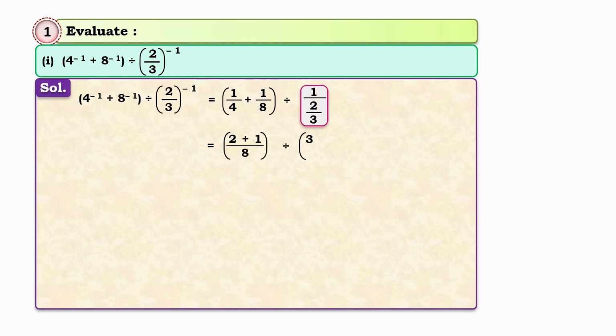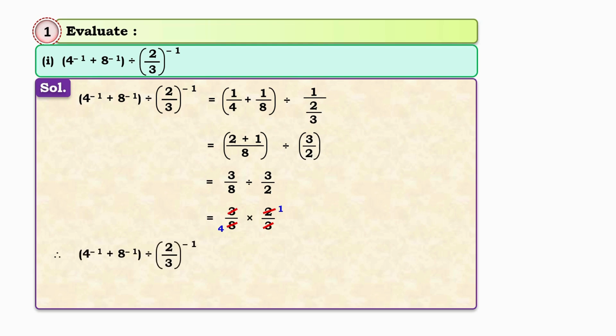Then take the reciprocal. Now convert this division to multiplication. We have to do the reciprocal of 3 by 2, that is 2 by 3. So here comes the final answer, that is 1 by 4.